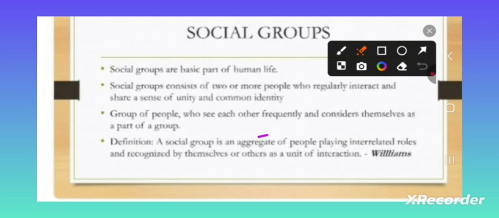A group is defined as people who see each other frequently and consider themselves a social group. Horton defines a social group as an aggregate of people playing interrelated roles and recognized by themselves or others as a unit of interaction.